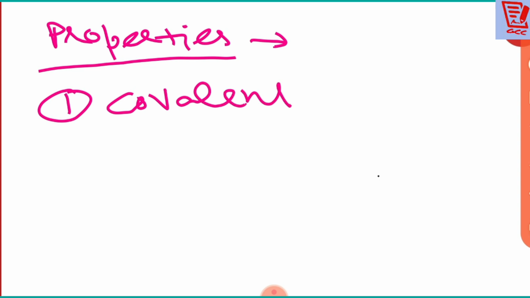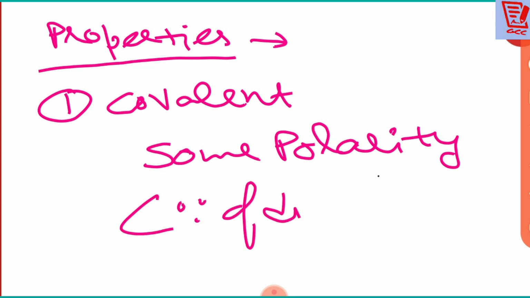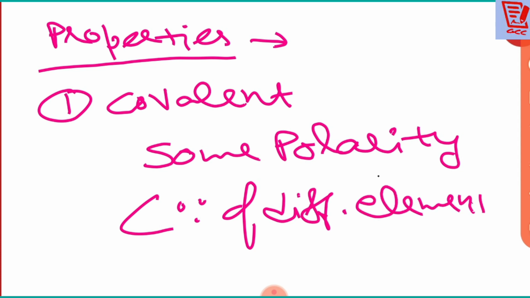You have already seen, ClF or anything, but covalent, but some polarity is there. Why? Because the electronegativity of the elements is different. They do not contain the same element. Because of the different elements there is somewhat of polarity.